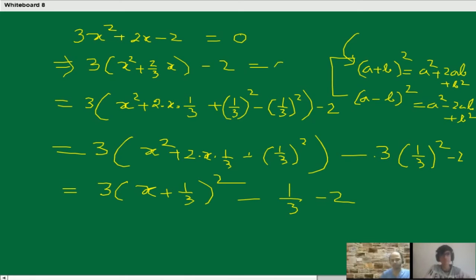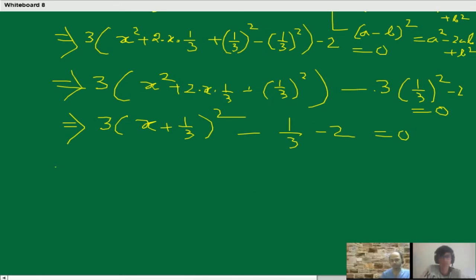It was the equation. So in every step we have to write it is equal to 0. After that it would become 7 over 3.